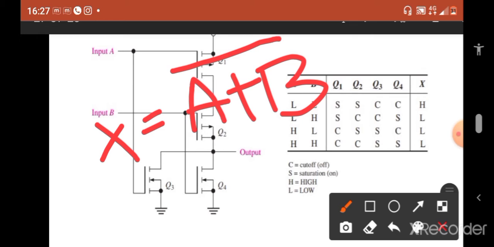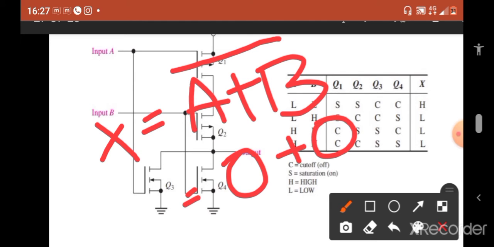Now if you give 0 here and 0 here, 0 plus 0 is 0, and the complement of 0 is 1. So when both inputs are low, the output will be high.